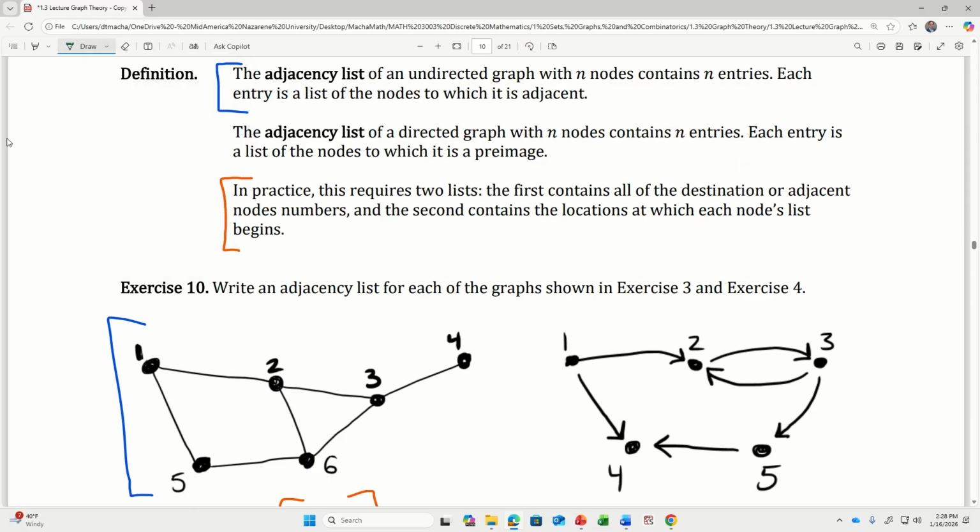Okay, moving on to the right side of the page where I've got a directed graph. The adjacency list of a directed graph is slightly different because I'm only considering the ones that are the source of the edge. Not the destination, but just the pre-image, if you will.